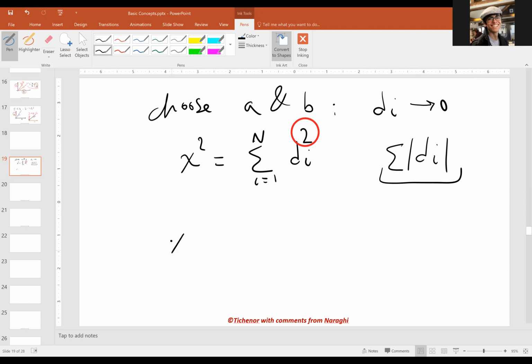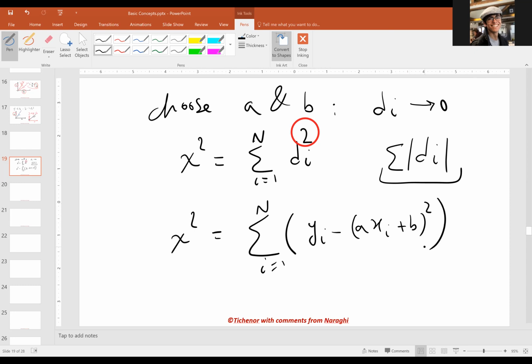So basically, chi squared is the sum of i from 1 to n of yi minus a xi plus b, to the power of 2.